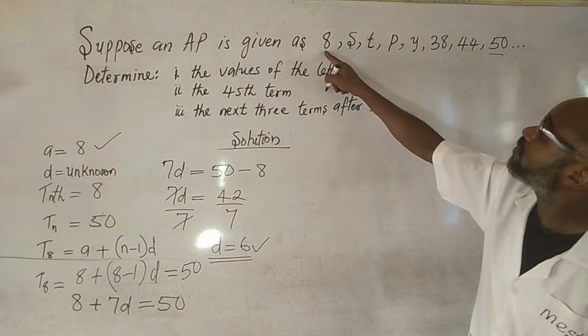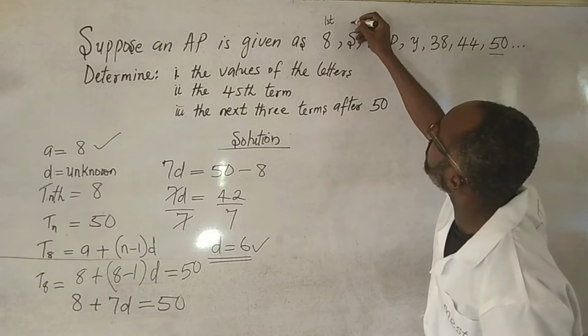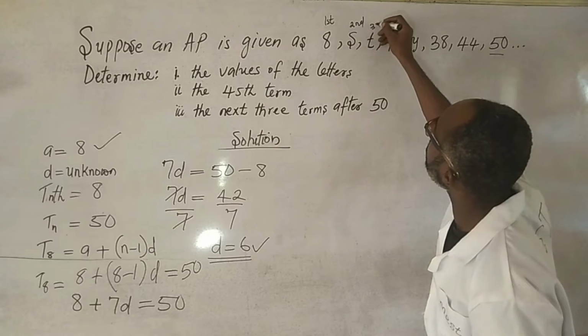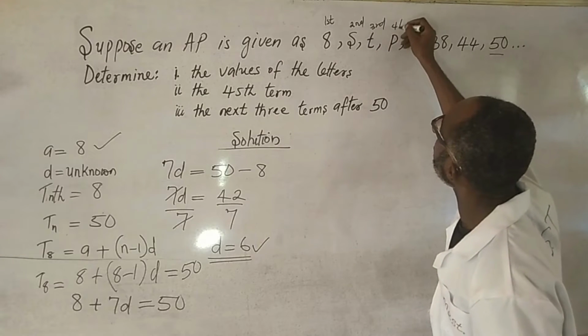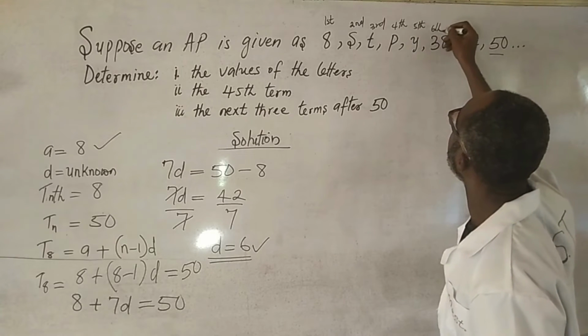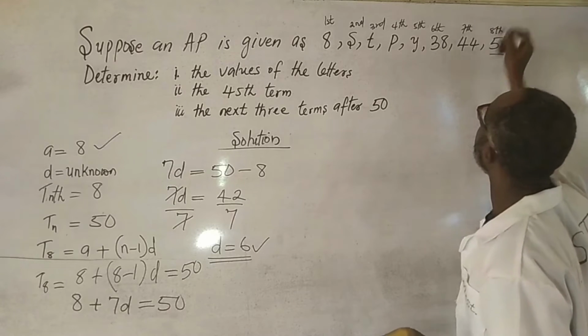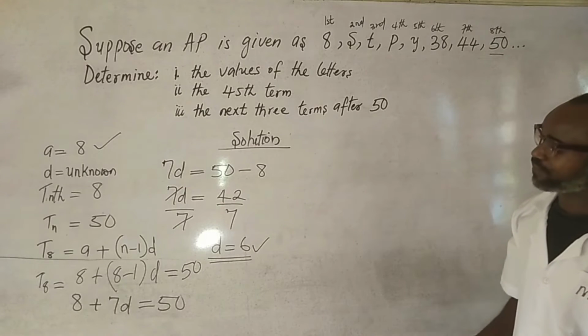This is first term, okay? This is second term. This is third term. This is fourth term. And then fifth goes that way, sixth, seventh and finally eighth term here, all right? So we need to find that.